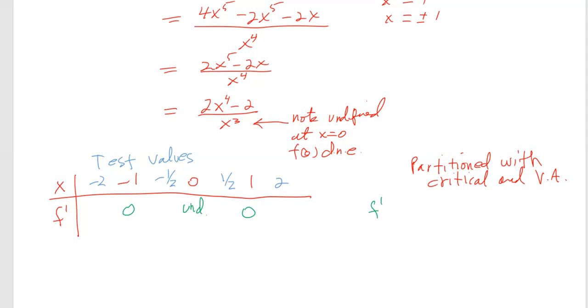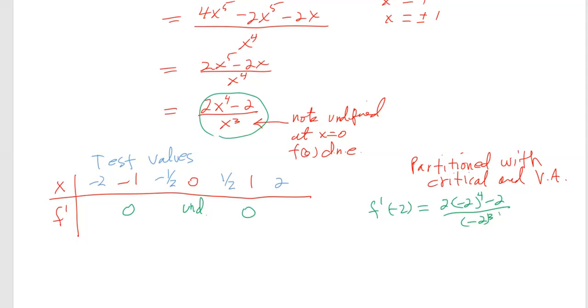What's our calculation? F prime of -2. And I will use my simplified version over here. I'll have 2 times -2 to the fourth minus 2 over -2 to the third.